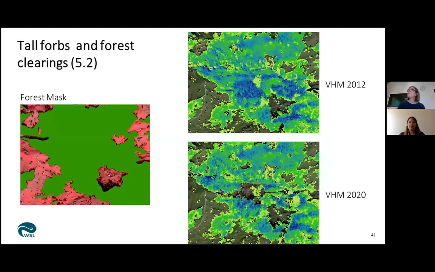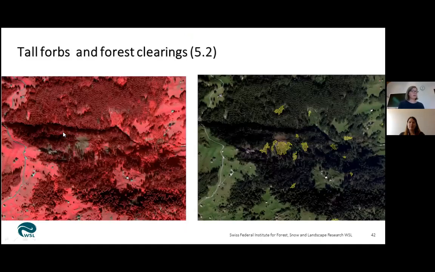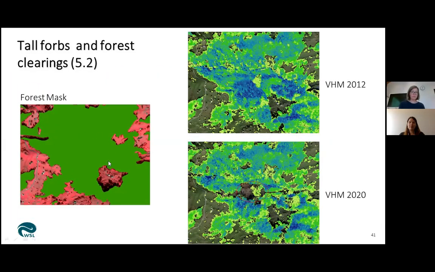So for forest clearings, tallforbs in the forest clearings, which is class 5.2, we have the NFI forest mask that shows us where forest is, but within the forest mask there are often areas with low vegetation height.